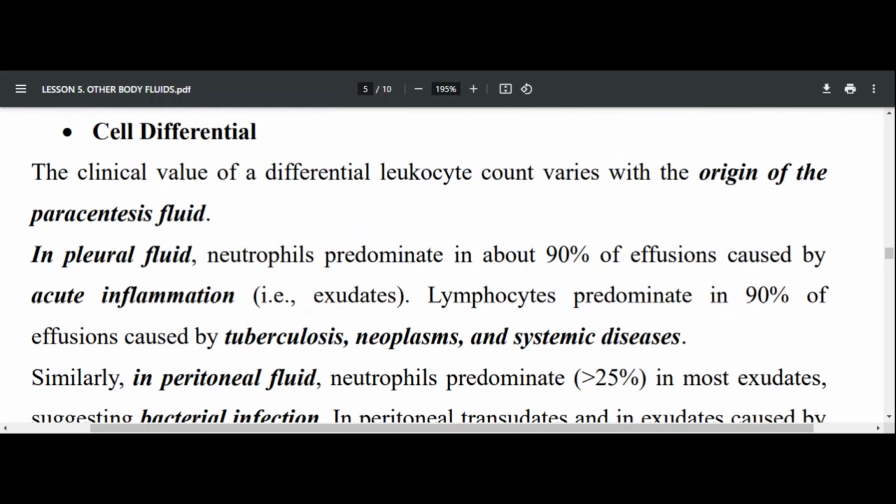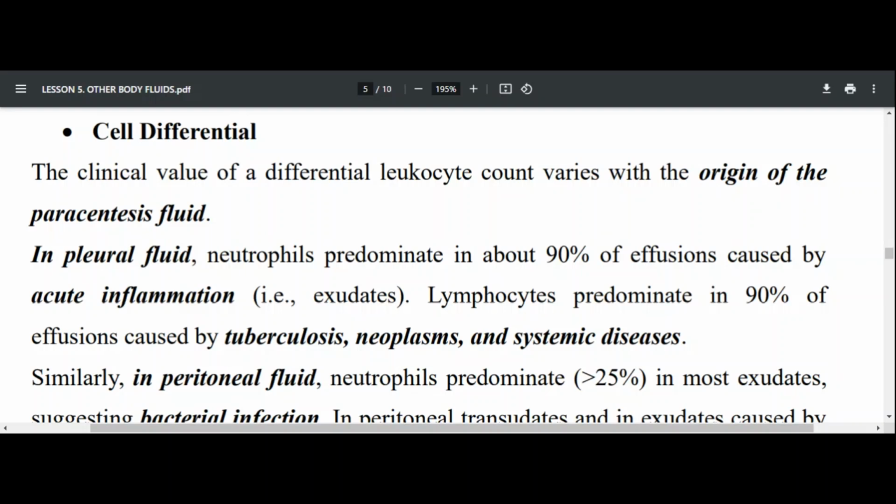But lymphocytes predominate in 90% of effusions caused by tuberculosis, neoplasm, and systemic disease. For example, when you find that most of the cells there are lymphocytes, then you suspect the problem.